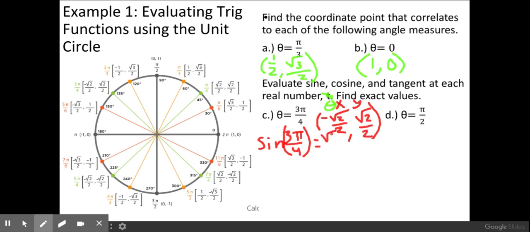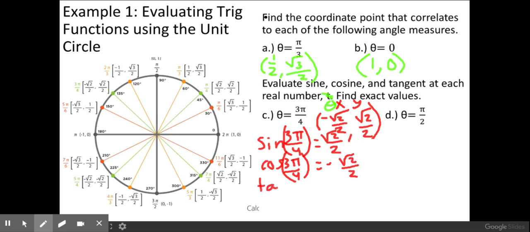So this equals the square root of 2 over 2, and you're done for sine. Then you have to do cosine. Cosine of 3 pi over 4 is equal to the x value. So the x value is negative square root 2 over 2. Your answer for cosine of 3 pi over 4 is negative square root 2 over 2.